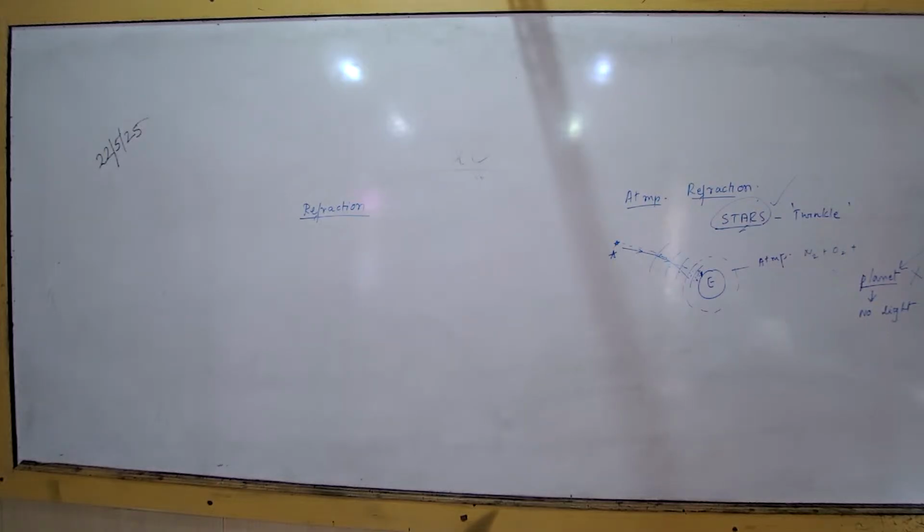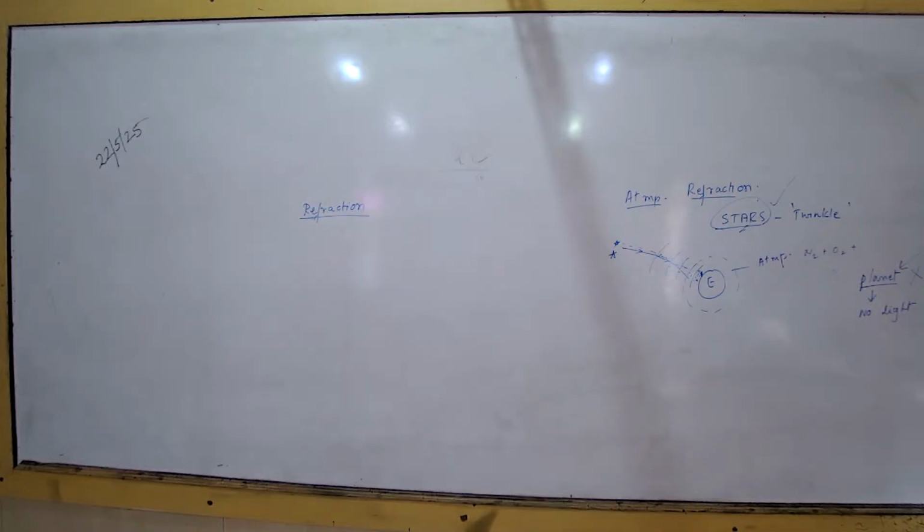Okay. Next point. Due to the dispersion of light and internal reflection, different colors, what are the 7 different colors?